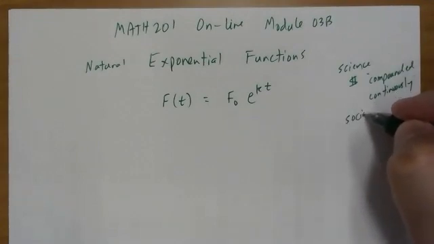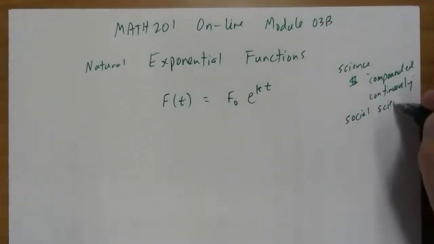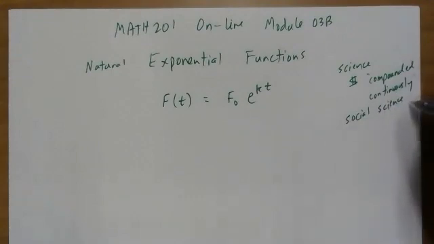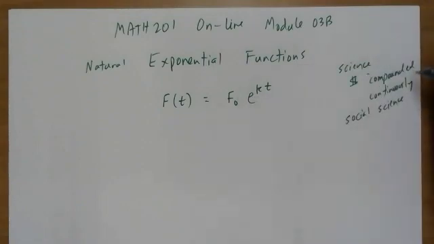There are also problems I'll call social science. Social science problems mean things like looking at population trends. Say they want to look at the population of a certain county over a 10 or 20 year time span, then they will use some kind of natural exponential function.